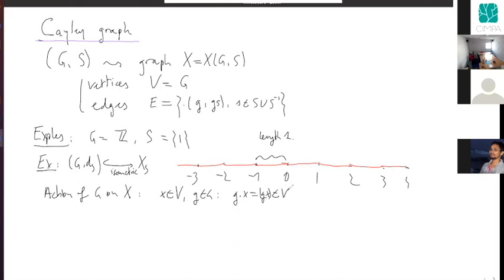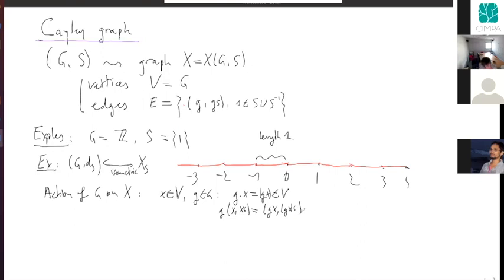So this is a new vertex. And now if I have an edge from x to xs, then this is just the edge from gx to gxs. Okay, so what you see is that left multiplication yields an action by isometries on the Cayley graph.